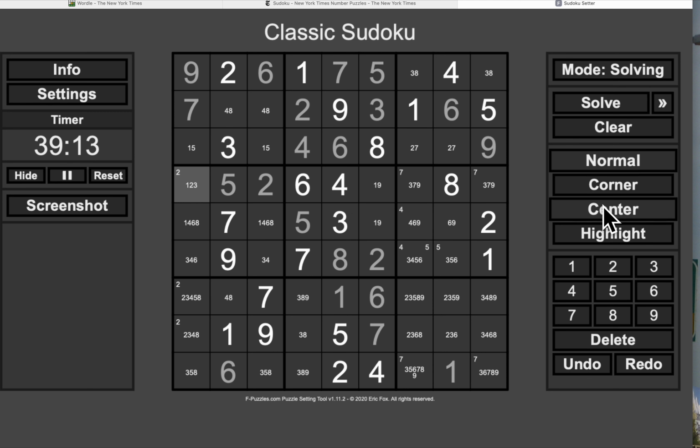Well, I get rid of another digit. I don't know that it does me a whole lot of good. Four here, these can't be 4s and they're not.